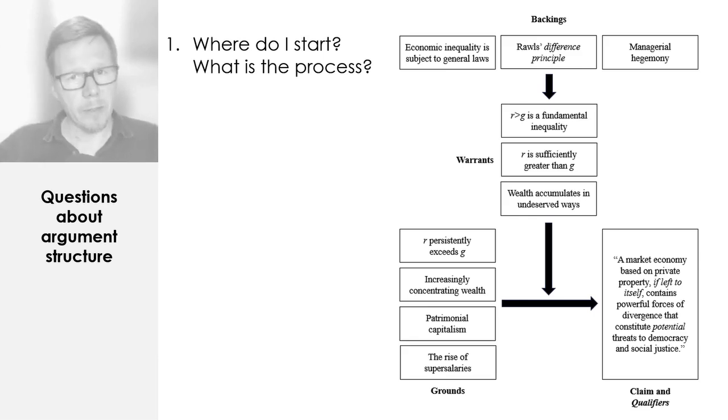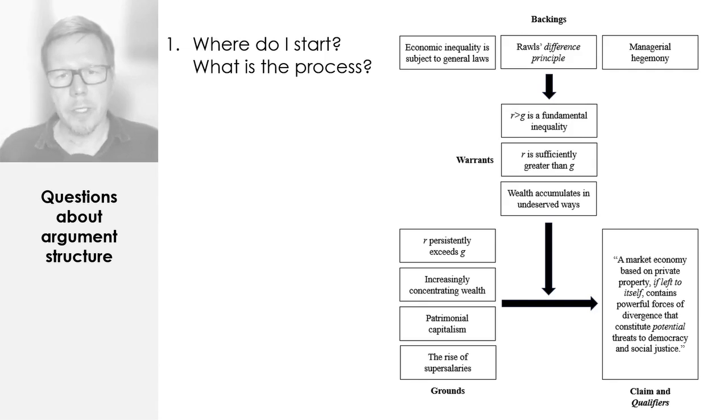So when I evaluate claims, when I evaluate arguments, I start at the claim. Then I usually move to the grounds, and then I ask, okay, what are the warrants, and then what are the backings? And a lot of these in research articles are only implicit. And this was certainly true in the Piketty analysis as well.